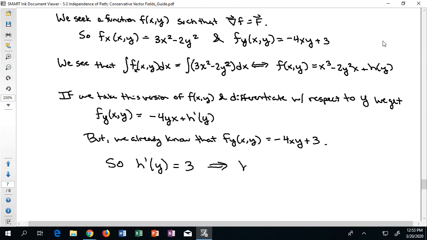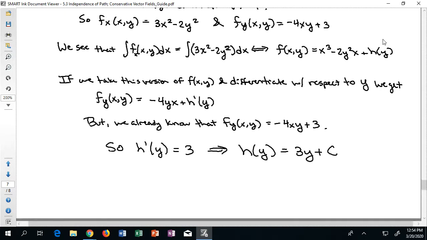But of course, this implies that h of y has to be equal to 3y, plus just some constant. So if the constant can be anything, then we could really say that our f of xy could now be updated. It could actually look like x cubed minus 2y squared x plus 3y plus some sort of a constant.